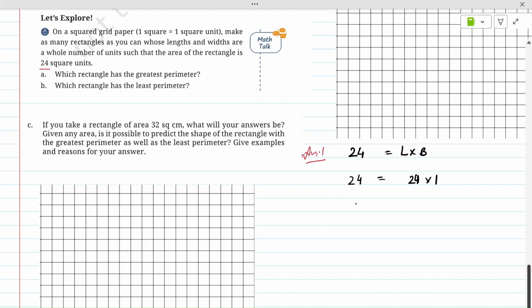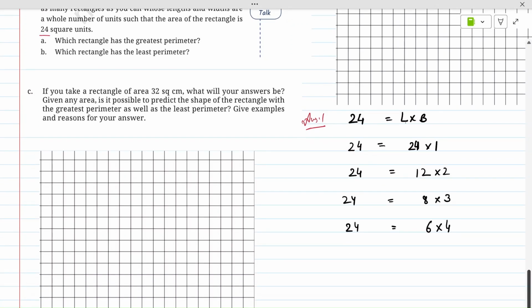Next, we can make it as 12 into 2, right? And also 8 into 3, and then 6 into 4. So these are the different ways we can make this rectangle.